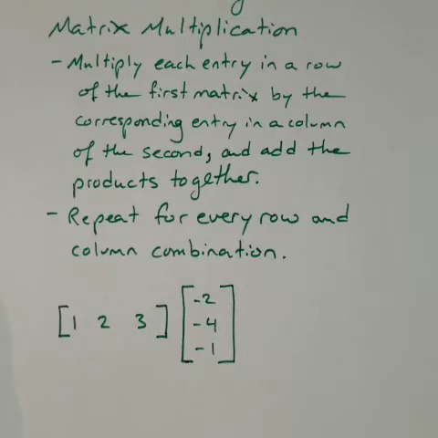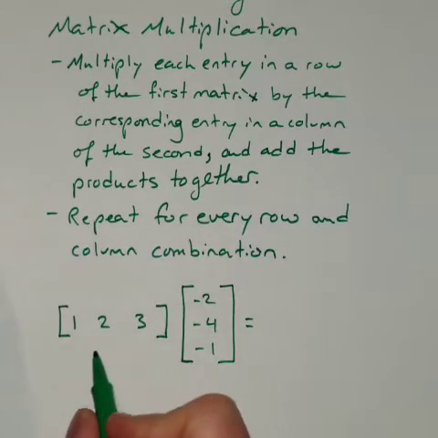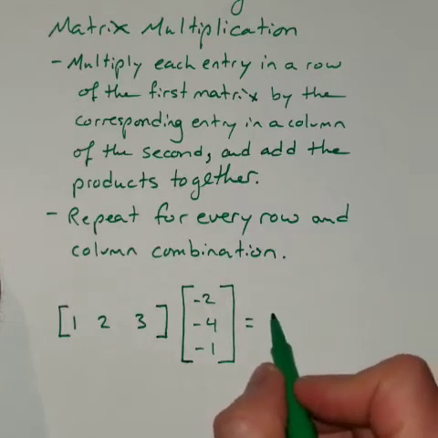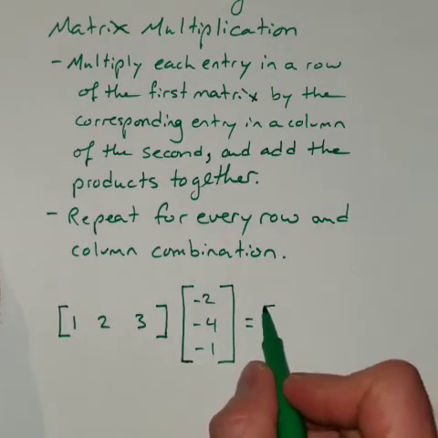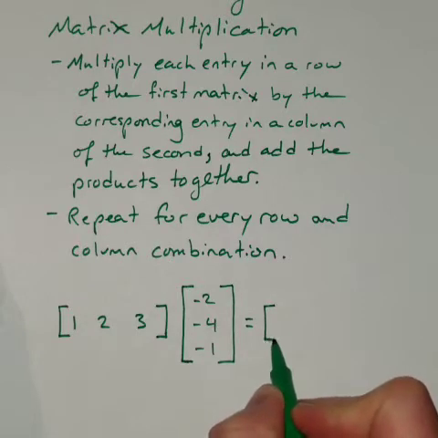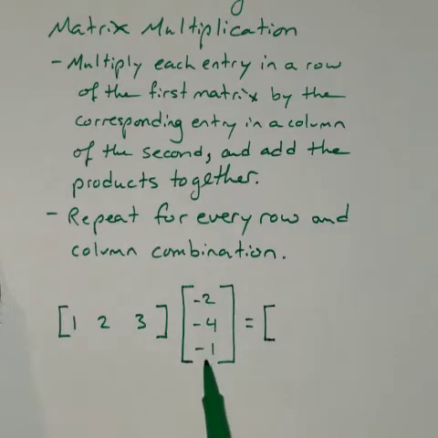Okay. So what we're going to do then to multiply these is we're going to construct a matrix. And this matrix is going to be the product of a row by the column.